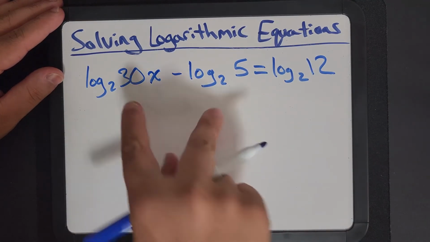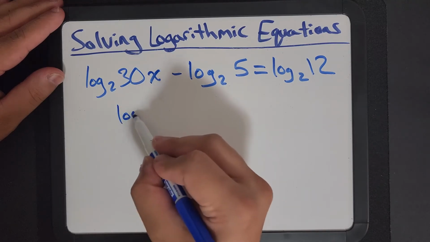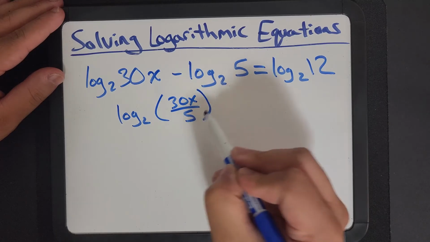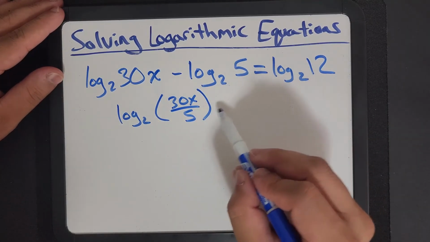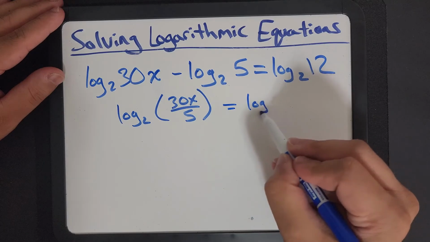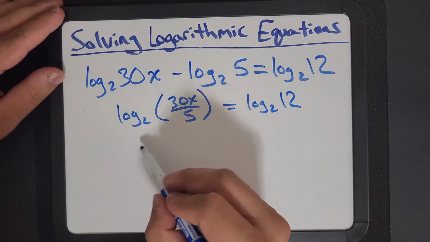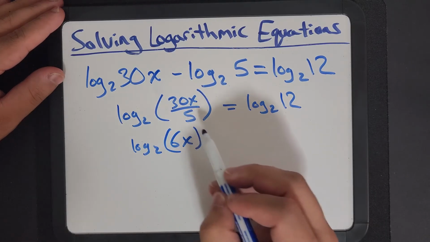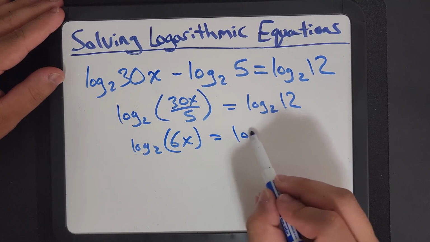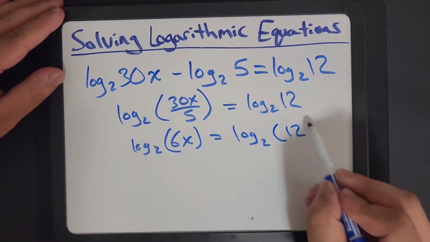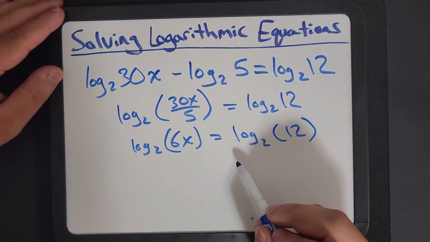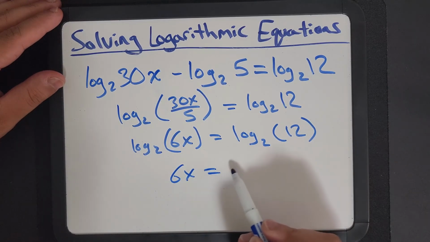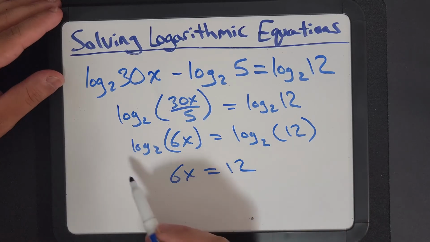I see a subtraction, so I can use my quotient law: log base 2 of 30x over 5 equals log base 2 of 12. So this will be log base 2 of 6x, because I divided by 5, equals log base 2 of 12. And remember what we said, we can easily just say 6x equals 12.